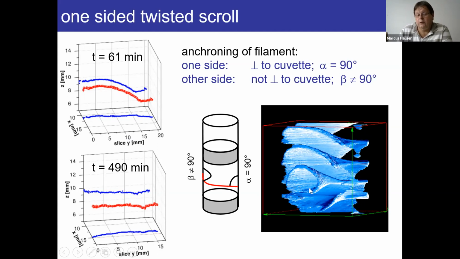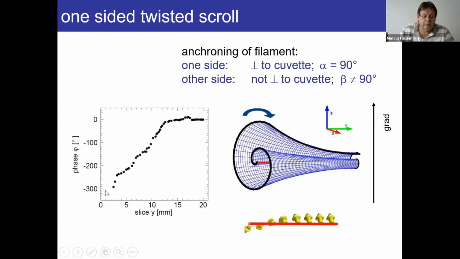However, it will start developing one twist on one end, because depending on the height you always have oxygen penetrating, and oxygen creates a gradient of excitability, so it can create scroll waves which are twisted at one end. And this is something which you can look at.